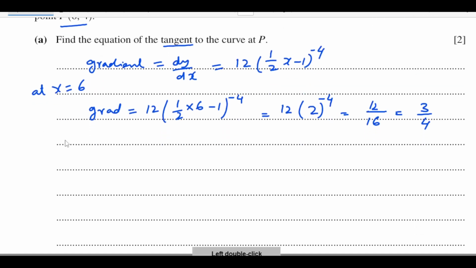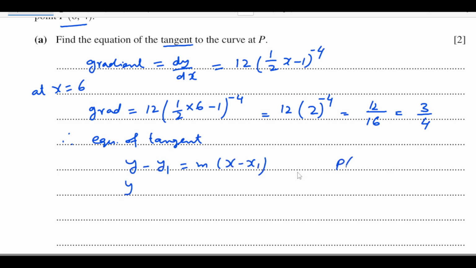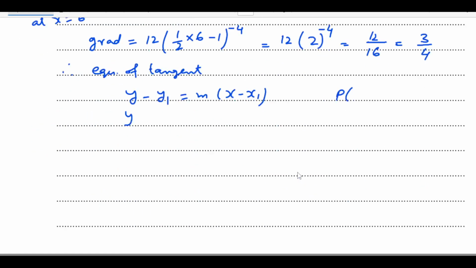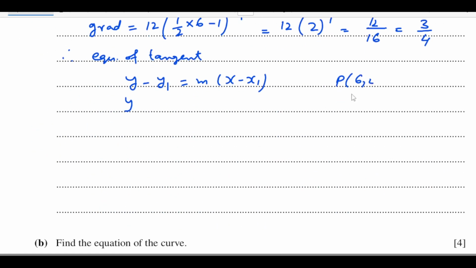So therefore the equation of the tangent will be given by y minus y1 equals m times (x minus x1). We have the point P which is (6, 4). So y minus 4 equals m, which is 3 over 4, times (x minus 6).